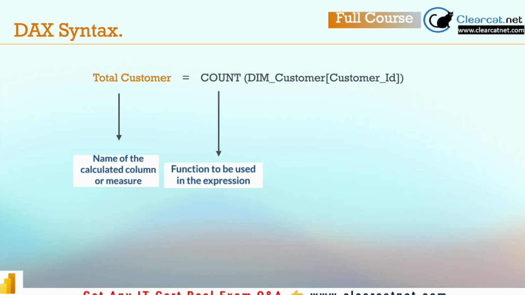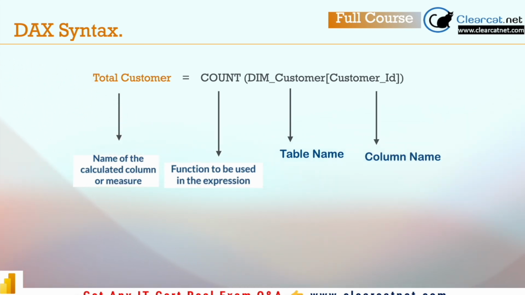A number of formulas are there which we can use in our DAX. And then DimCustomer is our table name in which we have a column CustomerID, and we are going to count this CustomerID to get total customers. So this is the syntax we are using in our DAX.